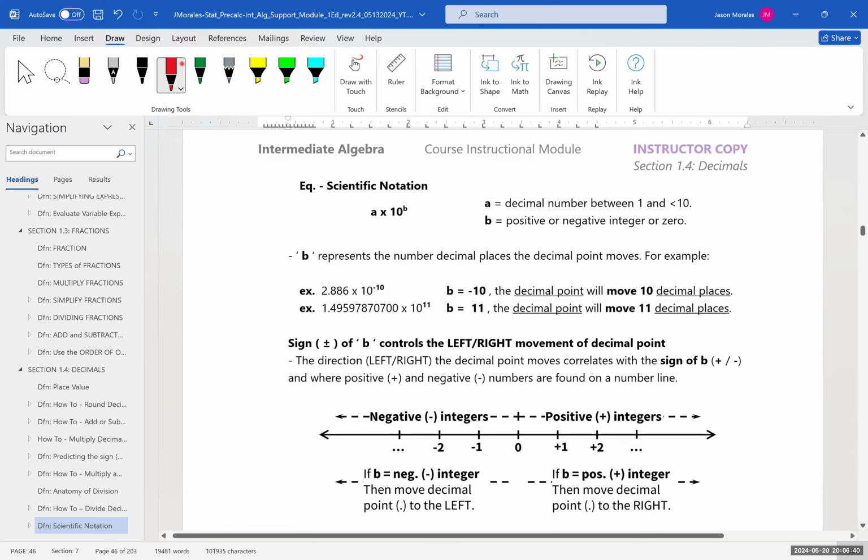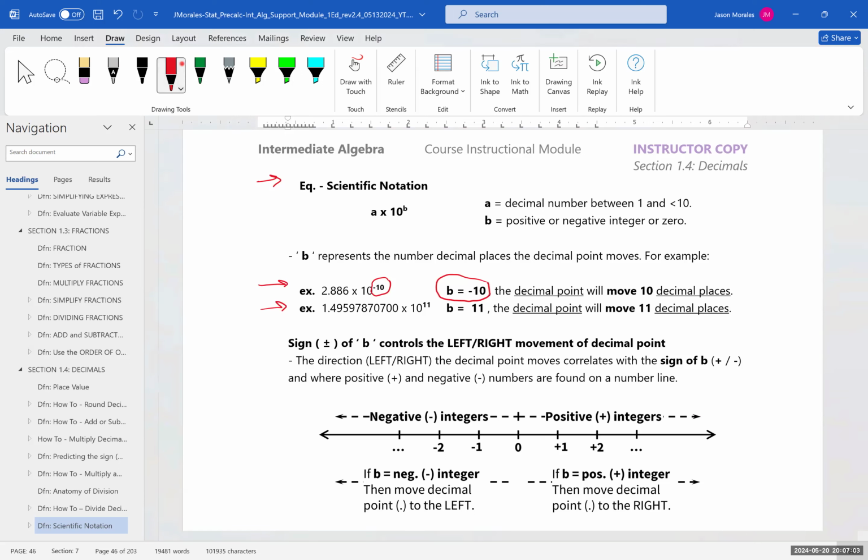So on this page, I just kind of reiterated the equation for scientific notation, the format for scientific notation. And these were the two examples that I gave from the previous page. So you can see here that B, which is the exponent, was a negative integer, negative 10.